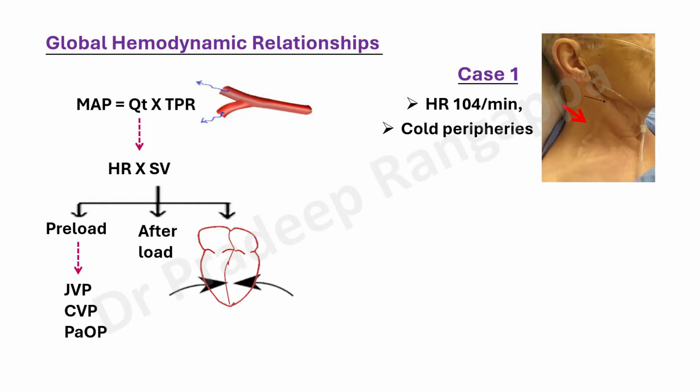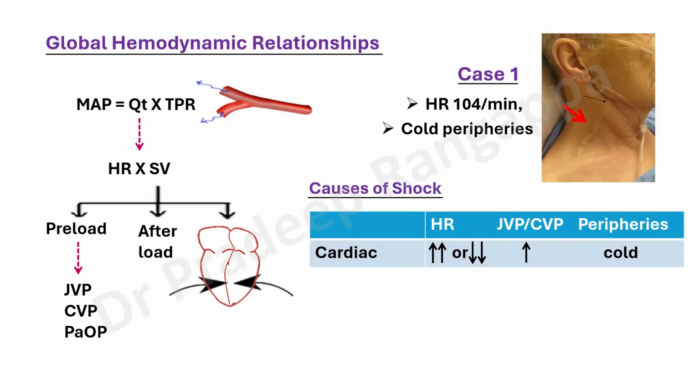There are four types of shock. Actually, there are five, but I won't talk about the fifth, which is anaphylactic shock. First is the cardiac. This is very important for all the nurses: you have to look at three aspects. Heart rate can be high or low in cardiac shock, especially with bradyarrhythmias or sick sinus, but very often the heart rate will be more.